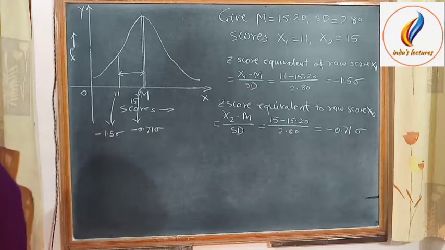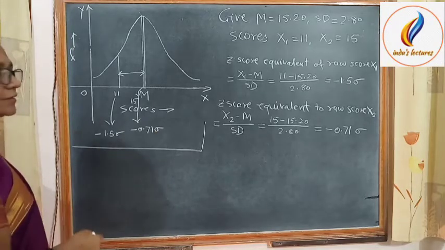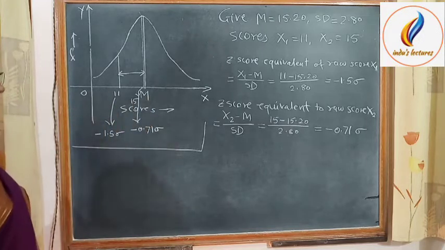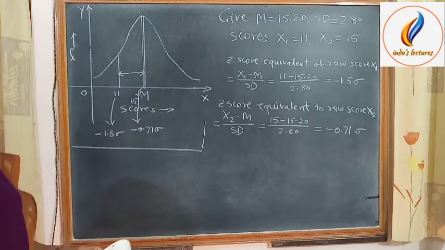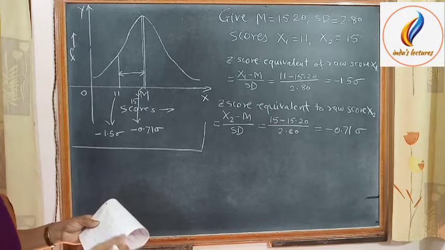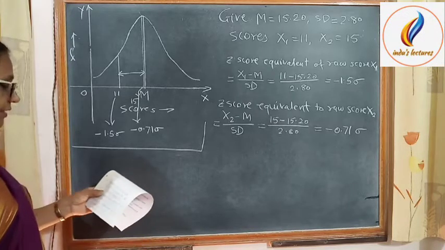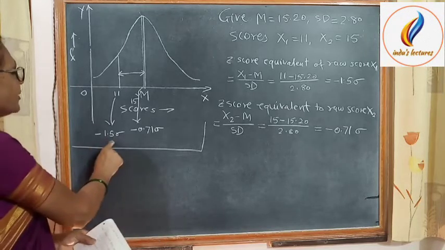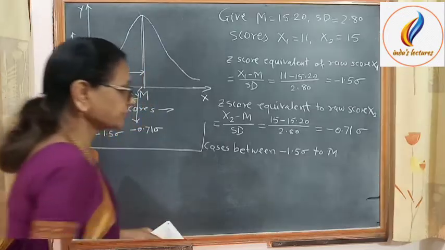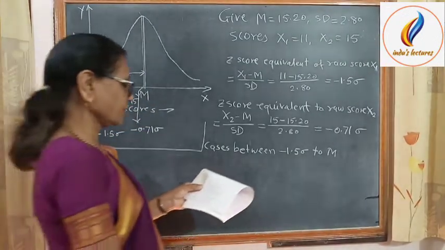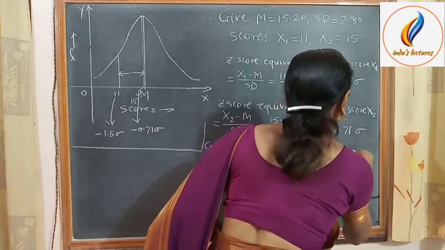Now the percentage from minus 1.5 sigma to the mean we can find from the normal curve table. From the normal curve table, the cases between minus 1.5 sigma to mean are 43.32.